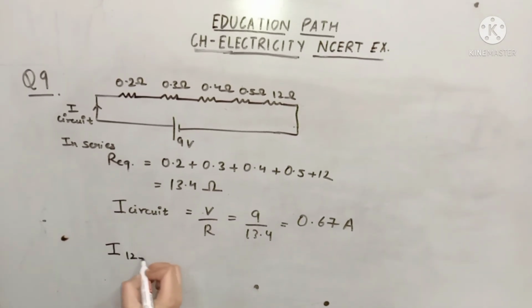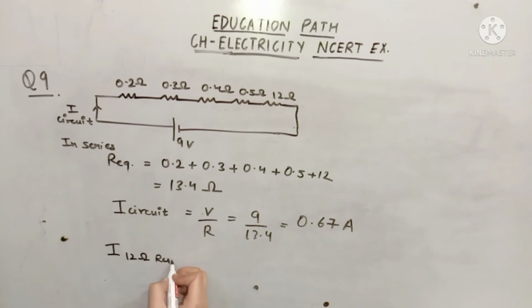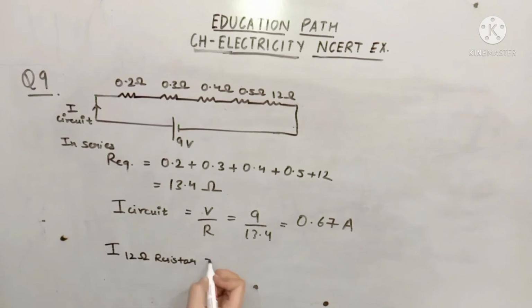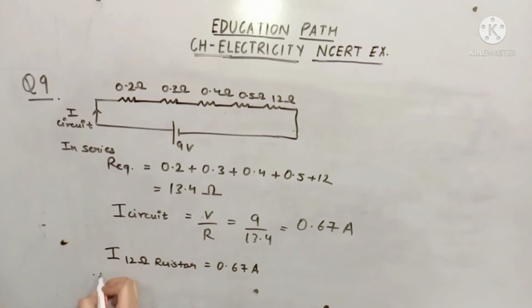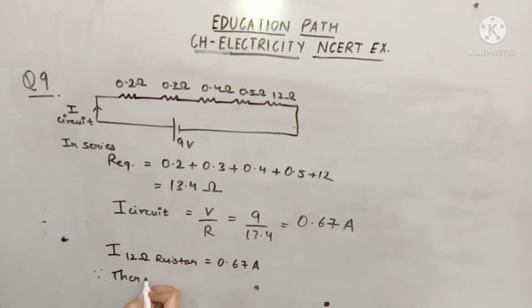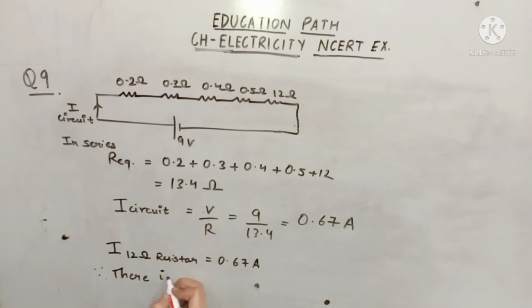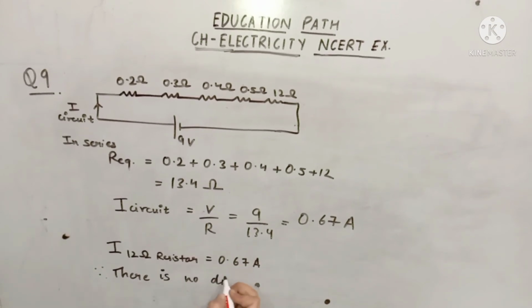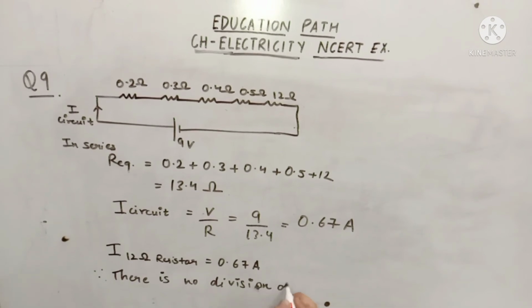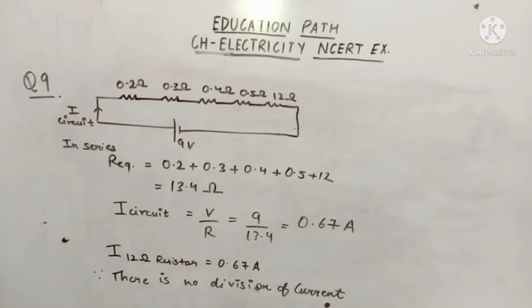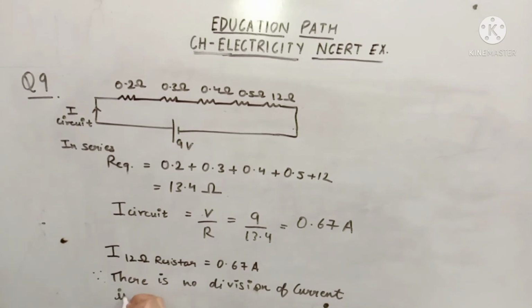Current through the 12 ohm resistor is 0.67 amperes, because there is no division of current in series.